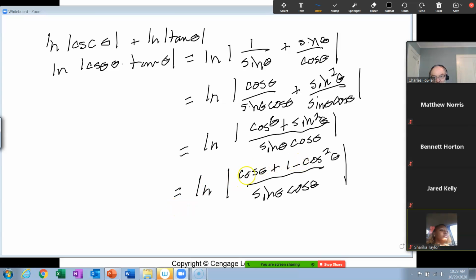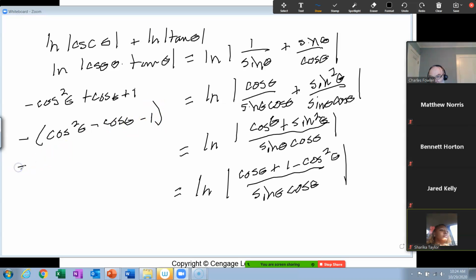All right, so let's rearrange this and see if we can factor that. I'm going to come over here and do that. Let's make a minus cosine squared theta plus cosine theta plus 1. Now I'm going to factor out the minus sign and make that a cosine squared theta minus cosine theta minus 1.